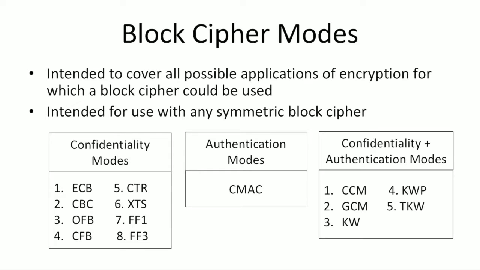Then CMAC, that is used for authentication code calculation, and then 5 combined modes that, when used with any block cipher, offer both confidentiality as well as authentication. These are CCM, GCM, KW, KWP, and TKW.